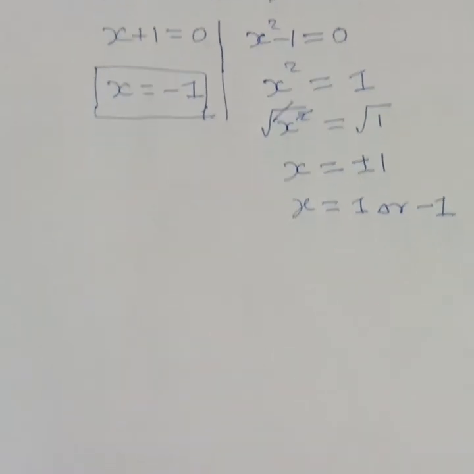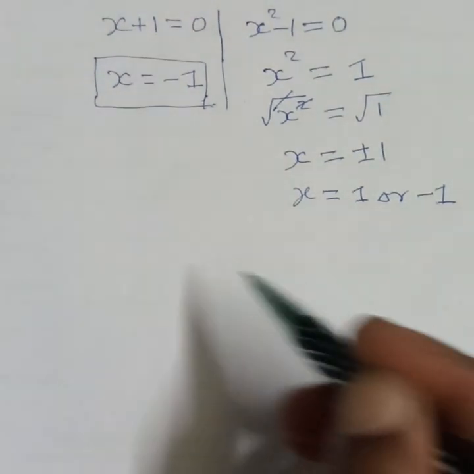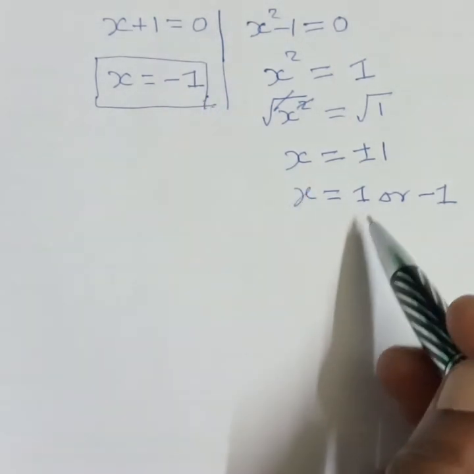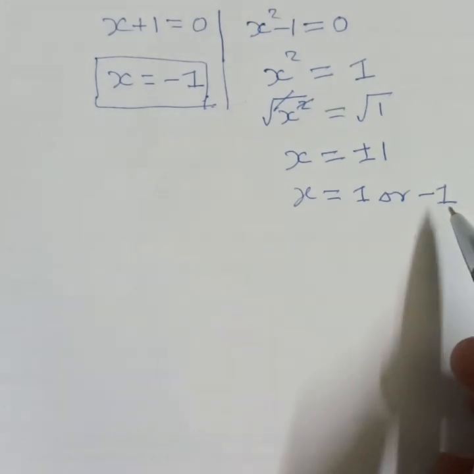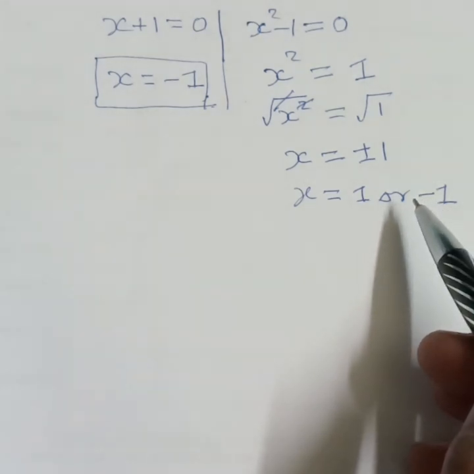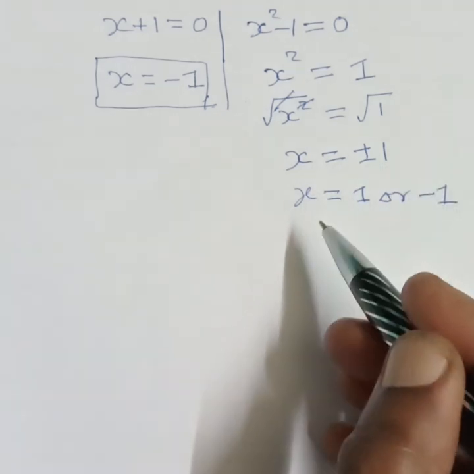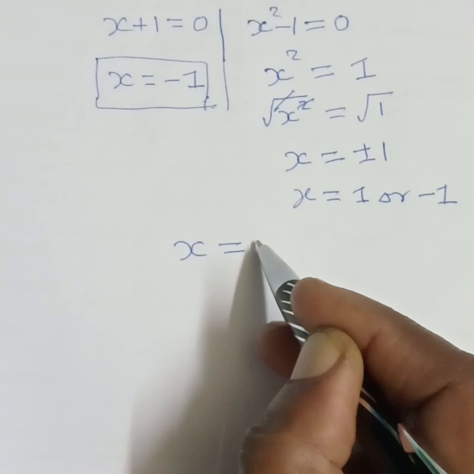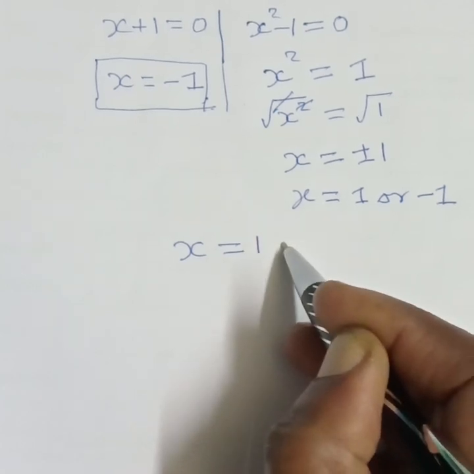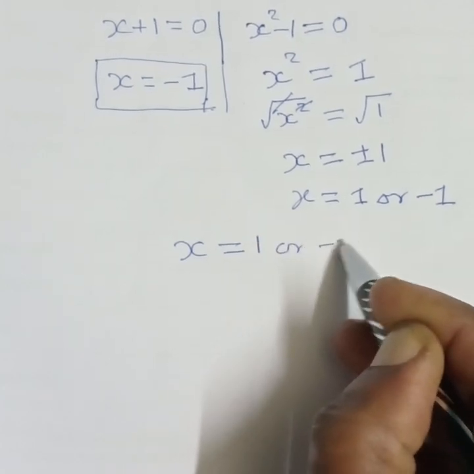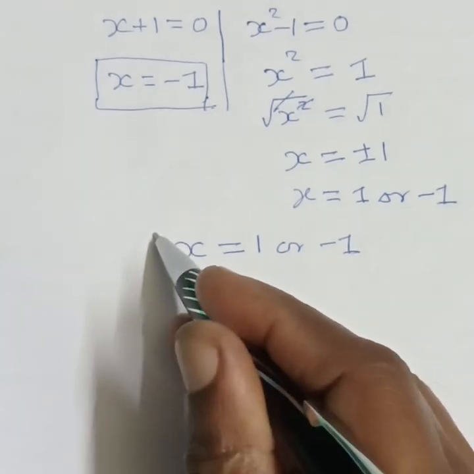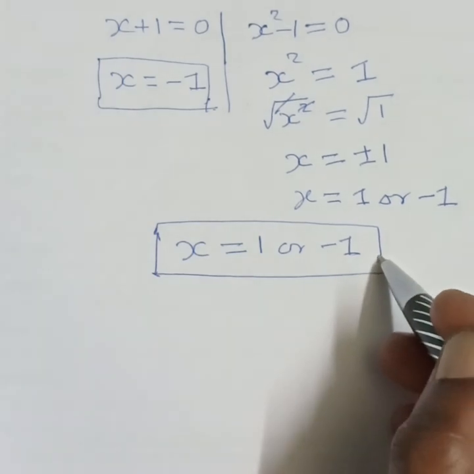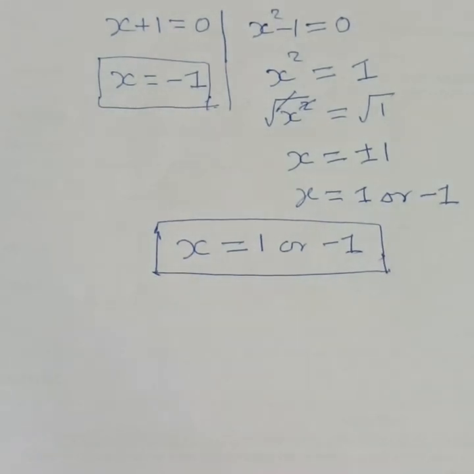So in this equation we get three values of x: −1, +1 and −1. So we can say the value of x is equal to 1 or −1. This is the final answer of this equation. Now verify.